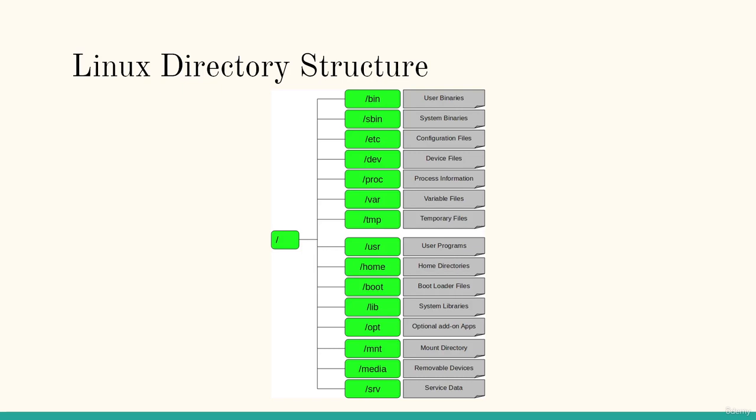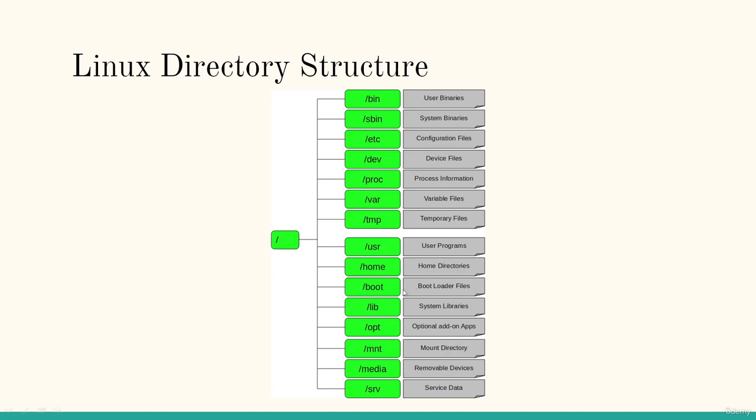No worries. We have the dev for device files. We have the proc for the process information. We have the var for the variable files. We have tmp for temporary files, /usr for user programs, home for the home directories, which is the home directory of the users.